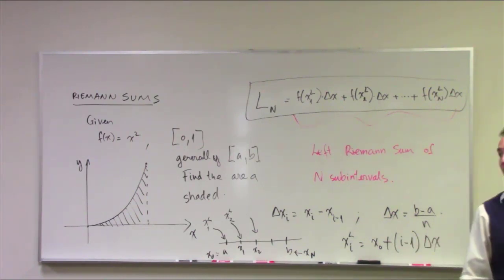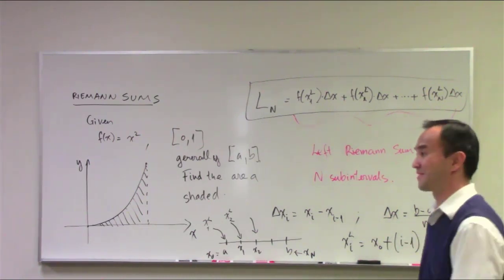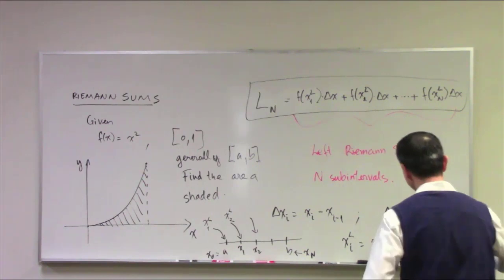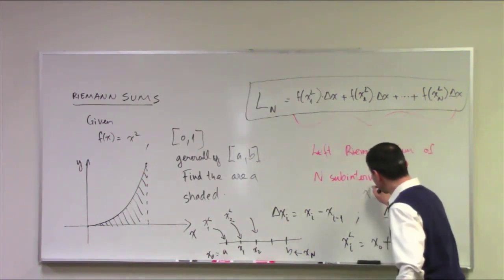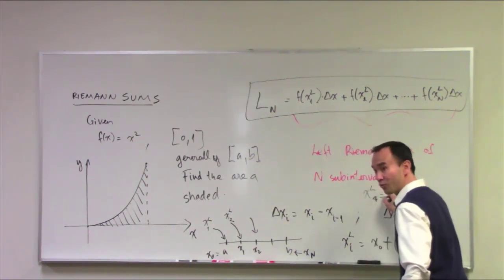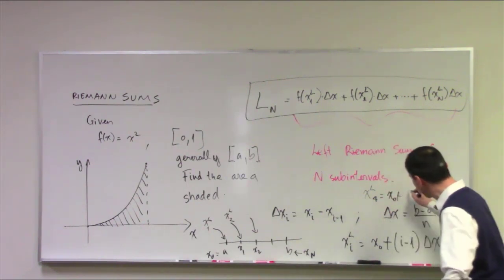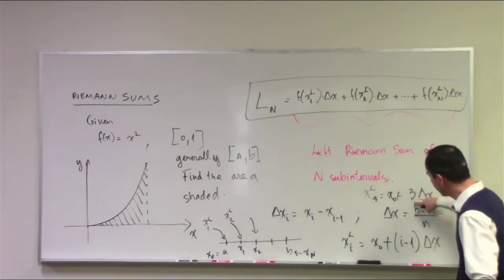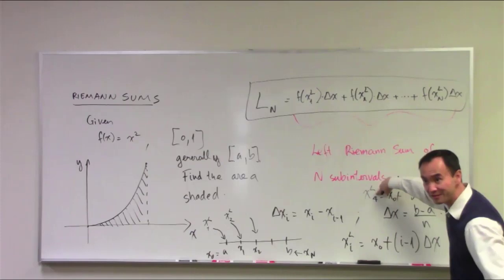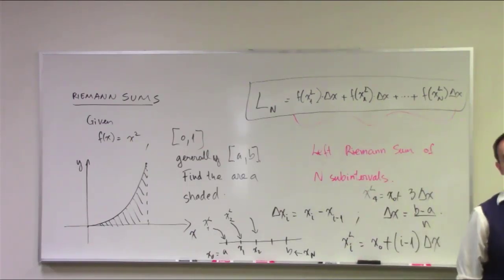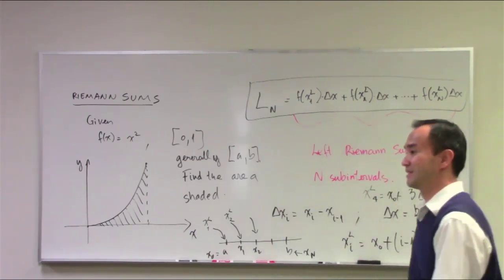Okay. You guys agree? Right. Just like I said earlier, when you're looking at the left-hand point on the fourth interval, it was x of 0, and then you added 3 times the delta x. So 3 here is 1 less than the current interval's index. Okay. Agree with me on that?